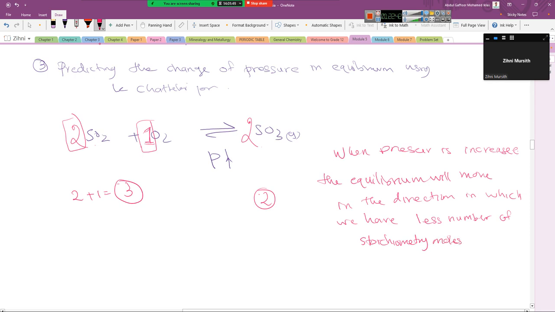Okay, now here 3, here 2, so which is less? 2 is less, right? So here the equilibrium should move in the forward direction, right? Because the product side has fewer stoichiometric moles. So when the pressure is increased in this reaction, the equilibrium will move in the right direction, right?